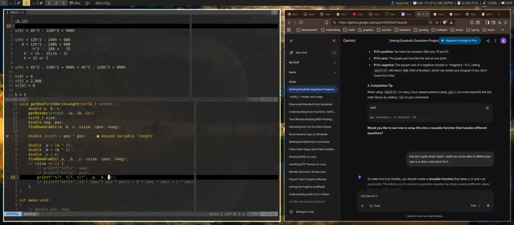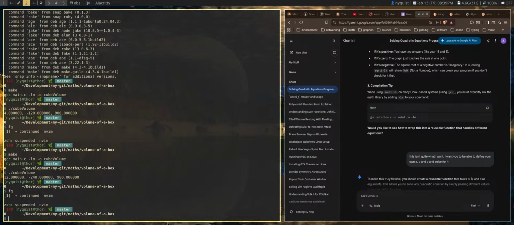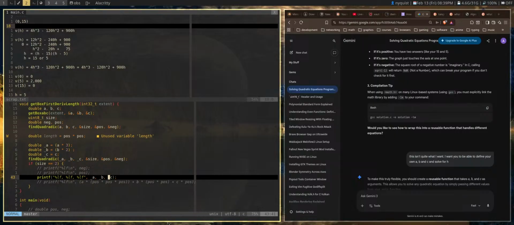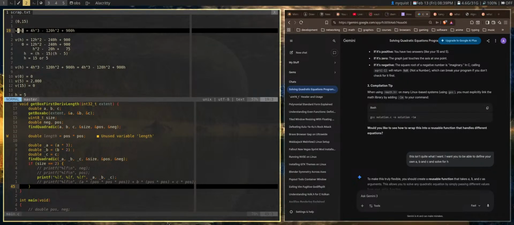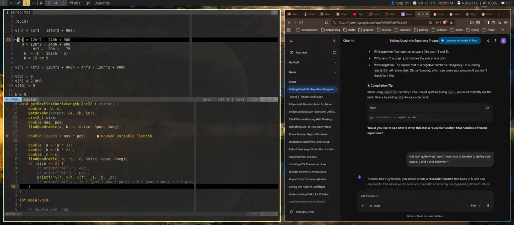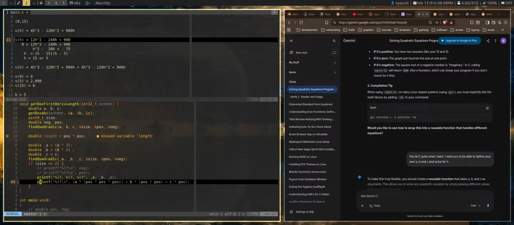But A isn't the right value. Oh wait, yeah, 12, negative 240, 900. And then I think I have to take that and delete this, delete this, delete this. Okay, I go like this.